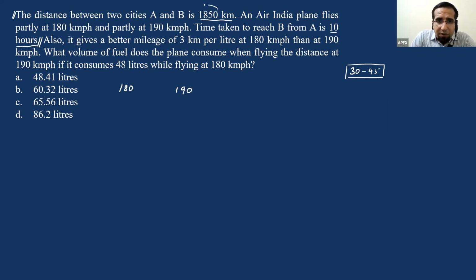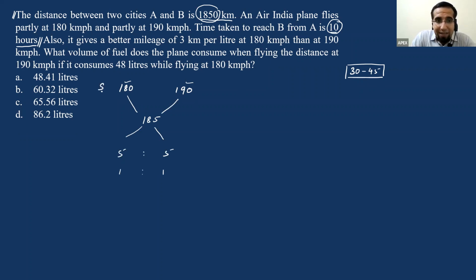The total distance that we are traveling is 1850 kilometers in a time span of 10 hours, which means the average speed for the entire journey is going to be how much? 185. So I'm going partly at 180, partly at 190, and the average speed is 185, which means once I allocate the speeds, I get the ratio of time taken, right? So the ratio of time taken here is going to be 5:5, which is 1:1, by using the concept of allocations.